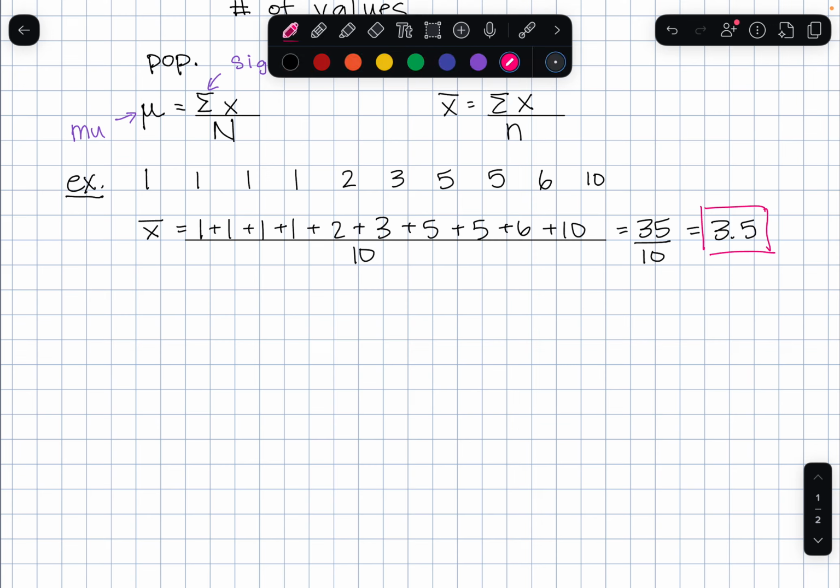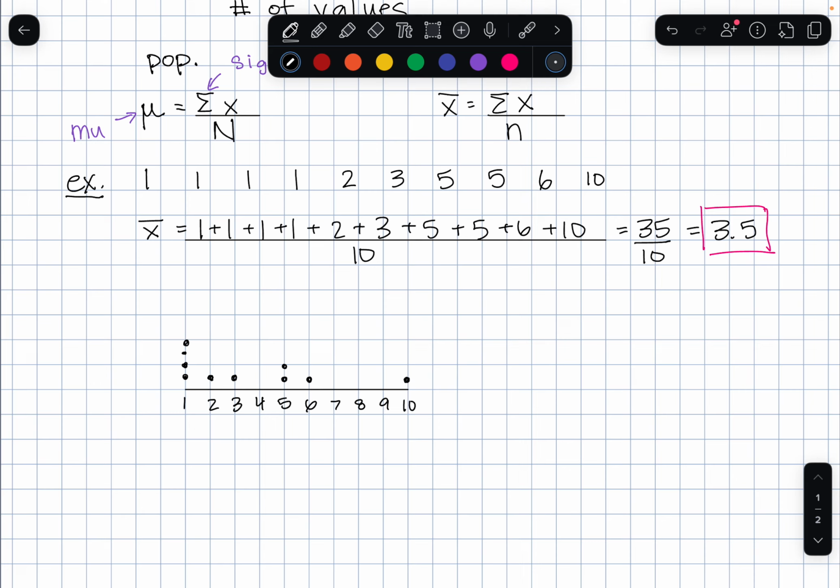What the mean is actually looking at is if I were to take a number line that goes from 1 to 10, and I were to treat this like a seesaw, and I were to put people at each of those points in my data set, so 4 guys sitting at 1, a data value at 2, a data value at 3, 2 guys sitting at 5, a guy at 6, and a guy at 10.